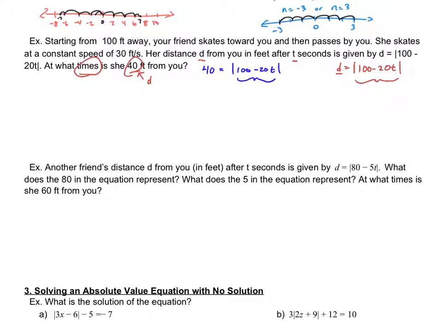So we will set this up as the absolute value of 100 minus 20t is equal to 40, or the absolute value of 100 minus 20t could also equal negative 40.